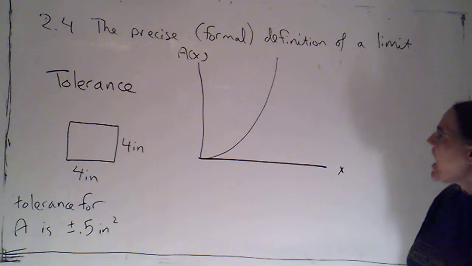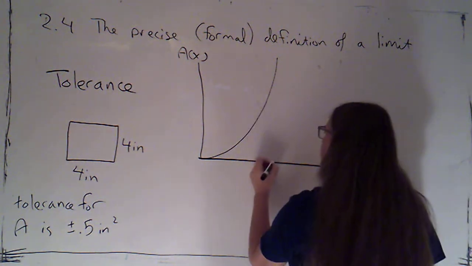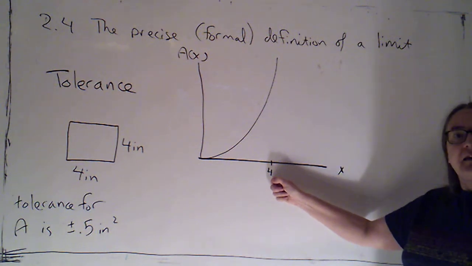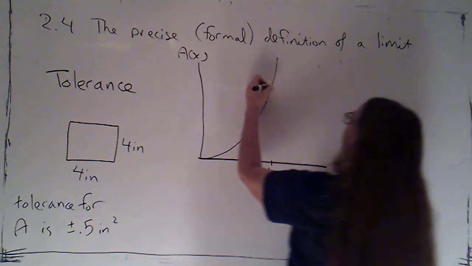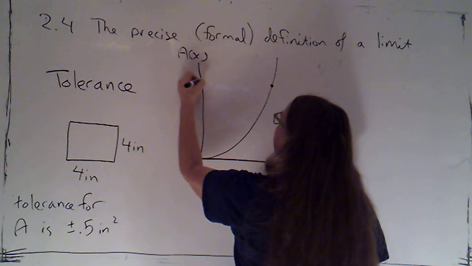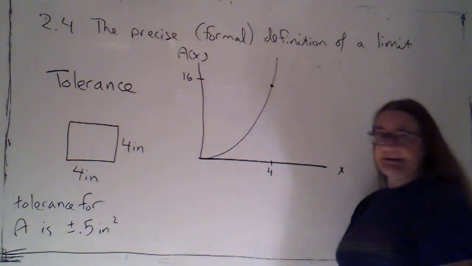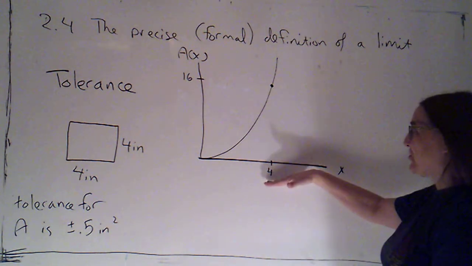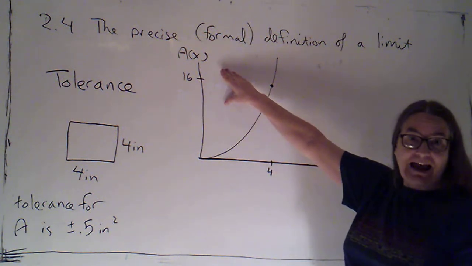But I know that area as a function of x is just x squared, and I know what that looks like. I also know that if I'm shooting to measure the side length to be 4, that would put the area at 16. Now obviously I'm using a different scale on the horizontal and the vertical axis here.